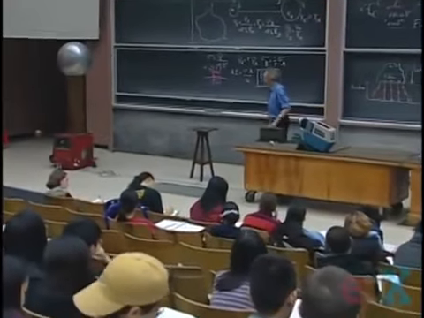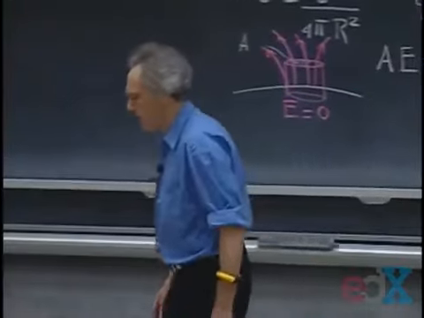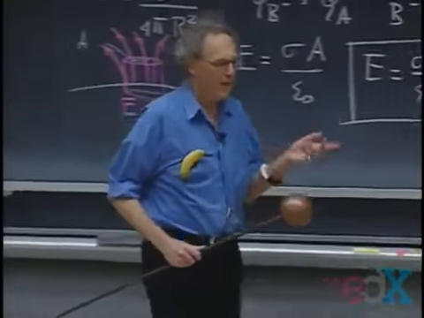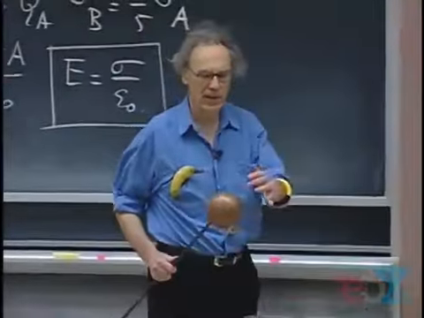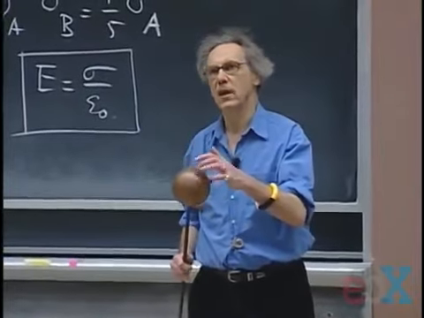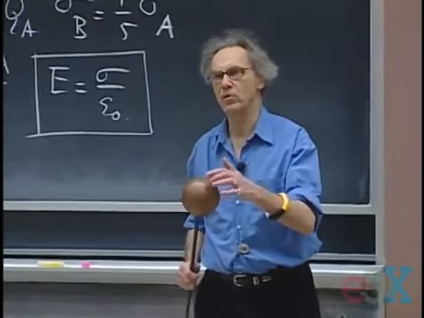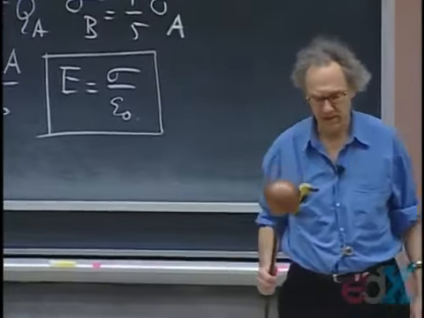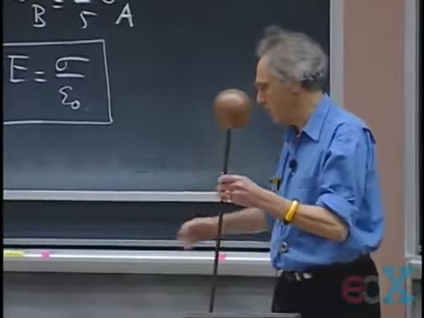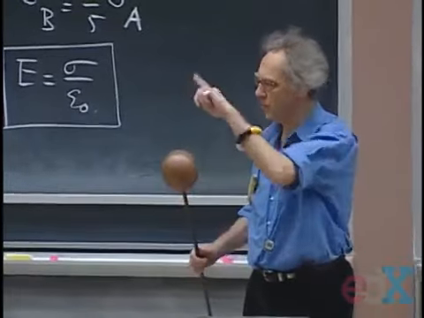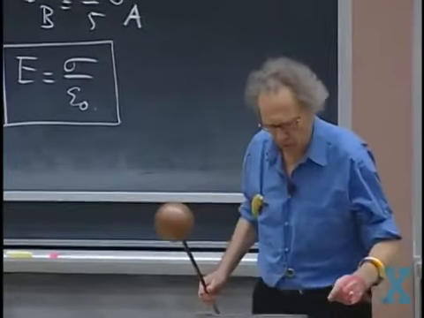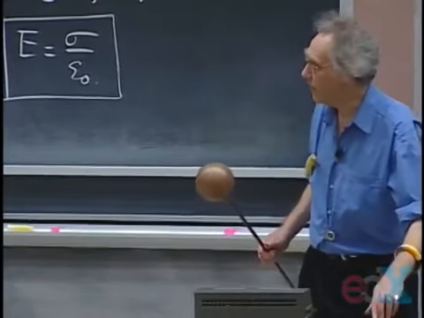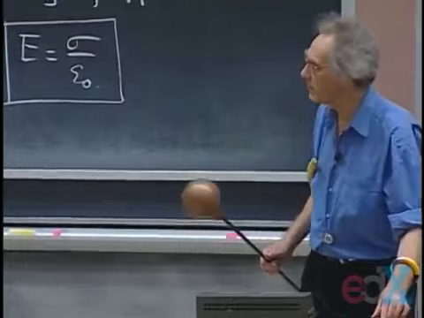I run the Van de Graaff, and I will approach it with this small sphere, small radius, and as I come closer and closer, the electric field will build up here, and then I would predict that if sparks fly over, that they will go between the Van de Graaff and this sphere. The sphere is grounded, and so any current that will flow not through Walter Lewin, but will go through the ground. So there's no danger that anything will happen to me, at least not yet.